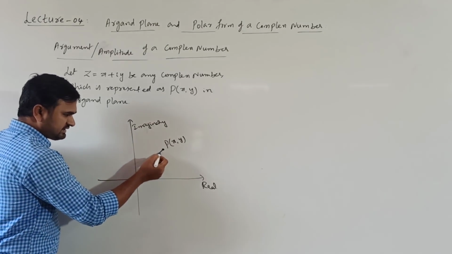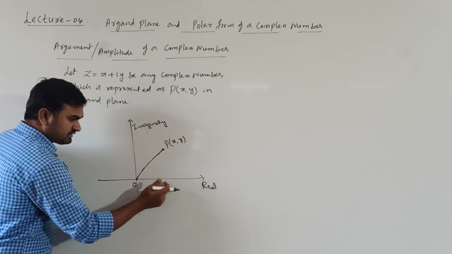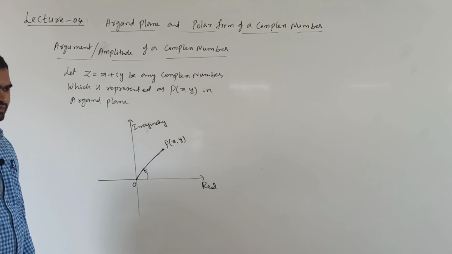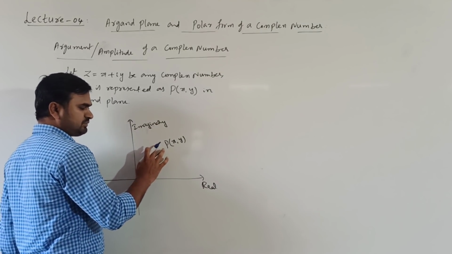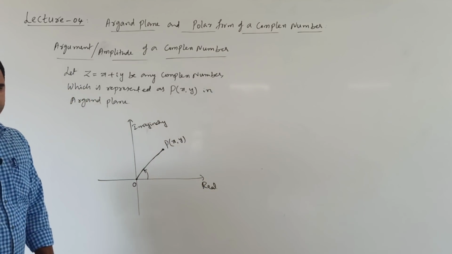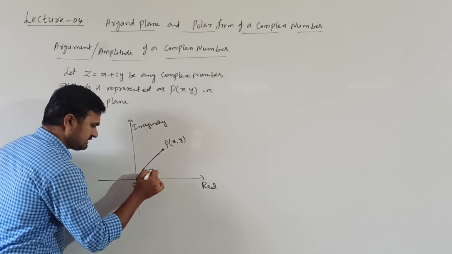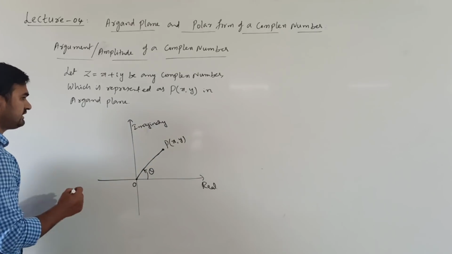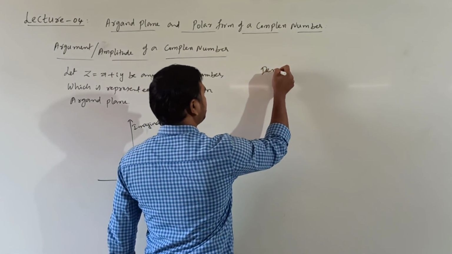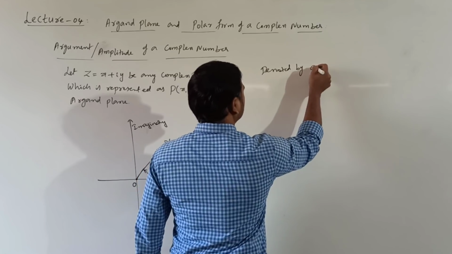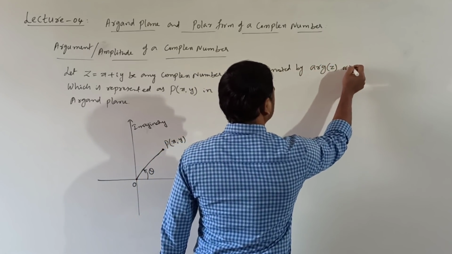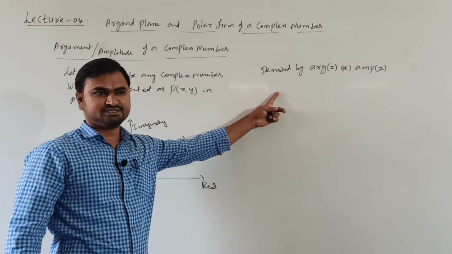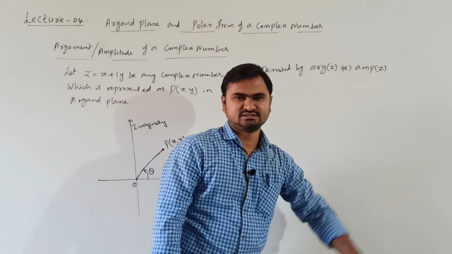The angle made by this line OP with the positive direction of the real axis, measured in the anti-clockwise direction, is called the amplitude or argument of the complex number. It is denoted by arg z or amp z, meaning argument of z or amplitude of z.